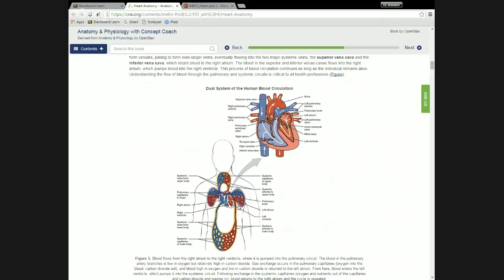Pulmonary is the heart to the lungs and back to the heart, which is represented by what's in the middle of this figure. And systemic is from the heart out to the body and back to the heart, which is represented by the two loops, one going towards the head and neck and one going down towards the lower body in this picture.